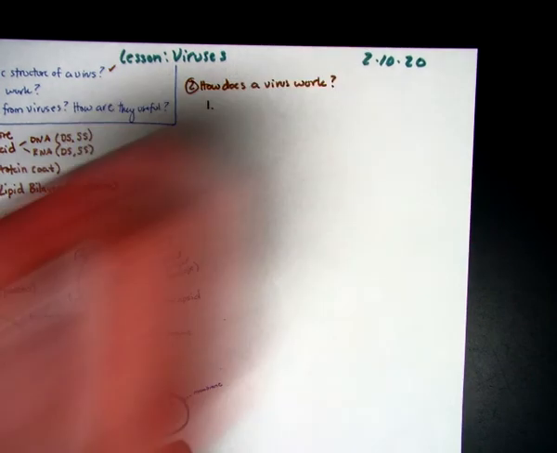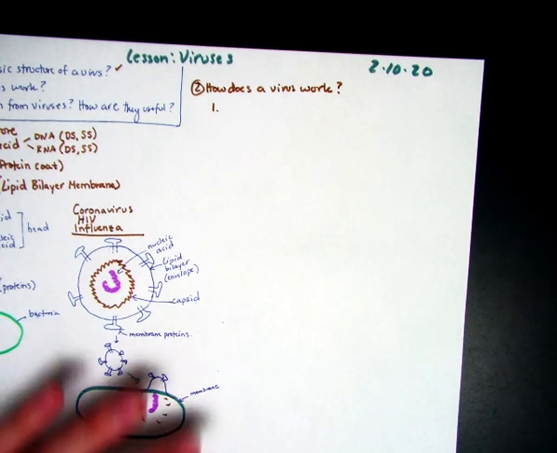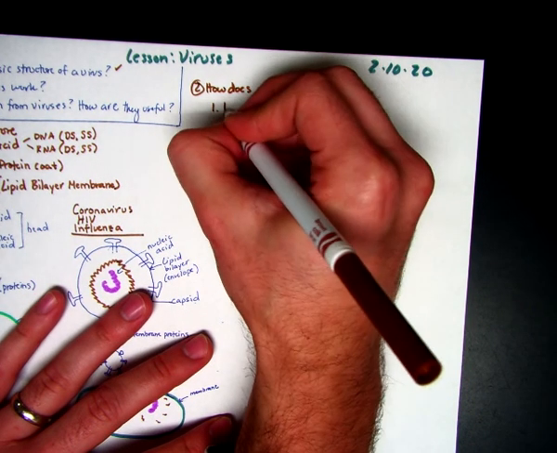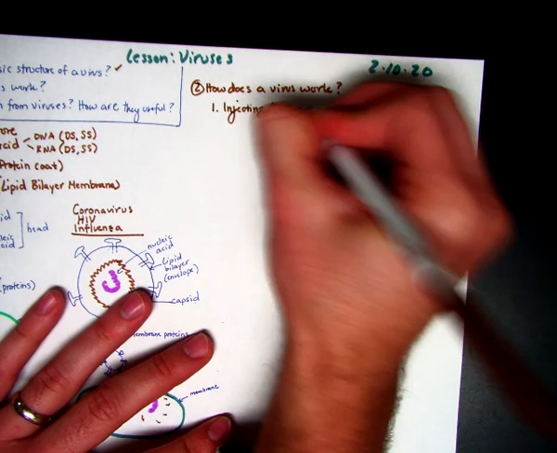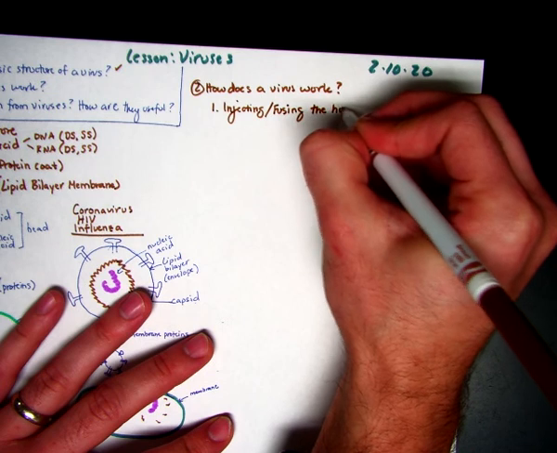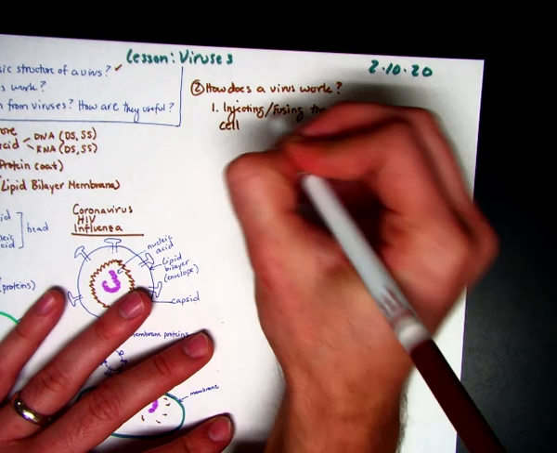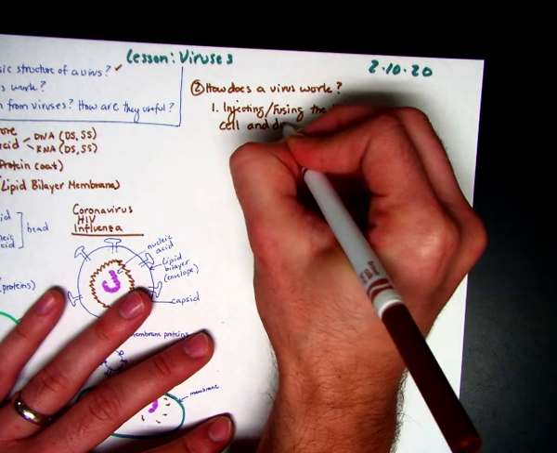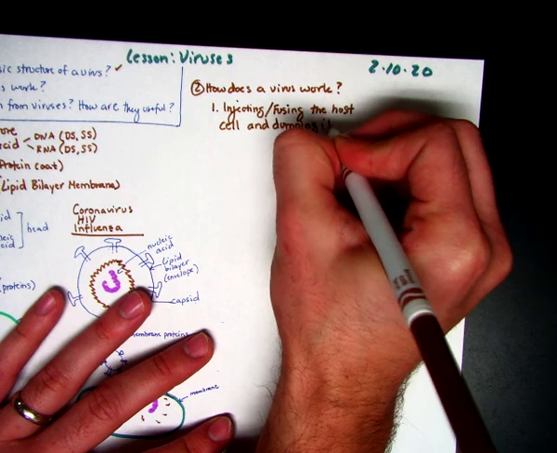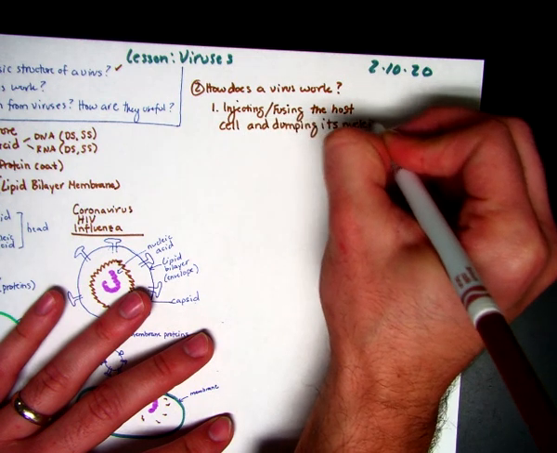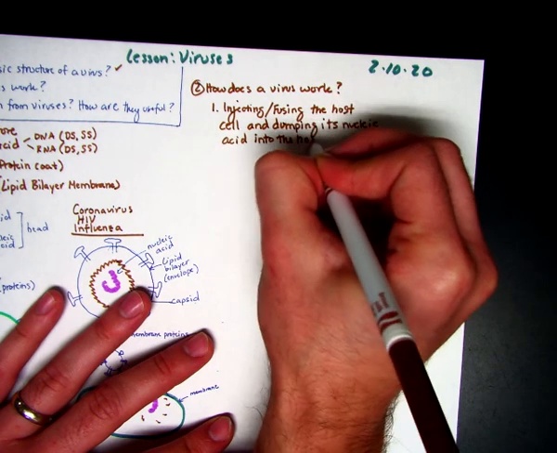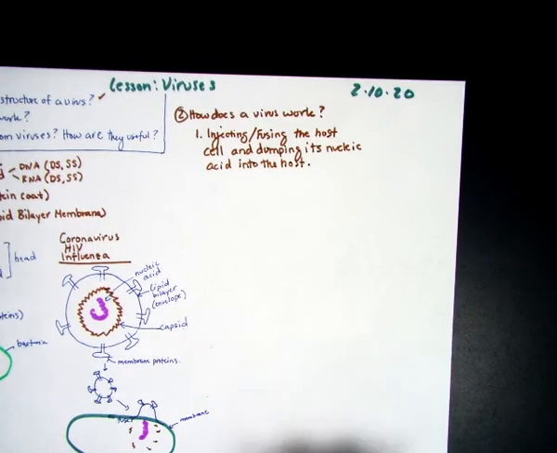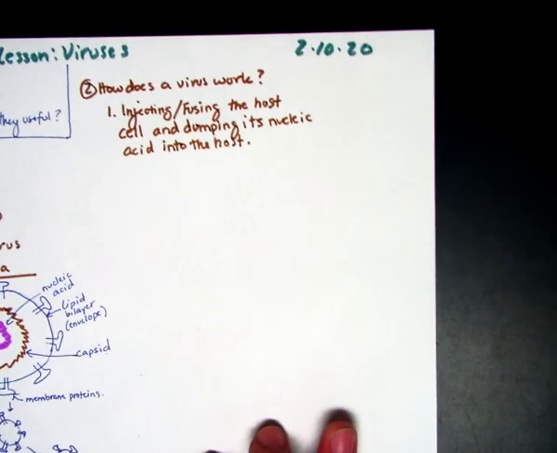So the first thing it does is injecting or fusing with the host cell and dumping its nucleic acid into the host. All right, so we saw with both of these, the genetic material is put into the host.